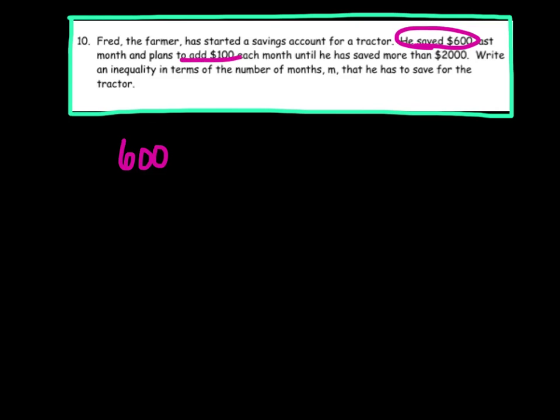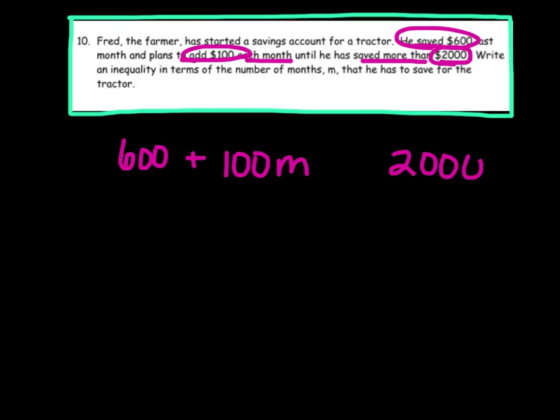It says he plans to add $100 for each month. So we're adding 100 plus the number of months that he's saved. So 100 per month is 100M until he has saved more than 2,000. So our goal here is to get to 2,000. And we want to know what more than means.